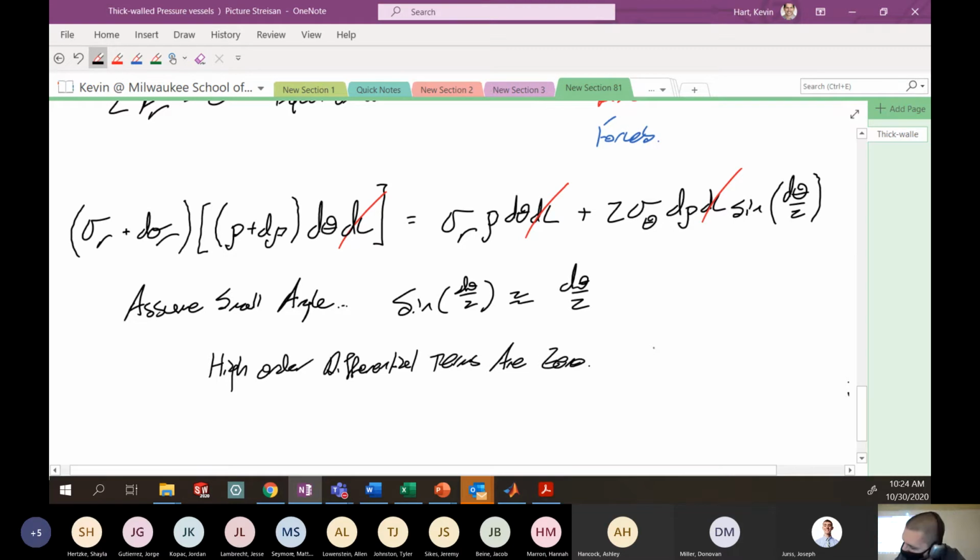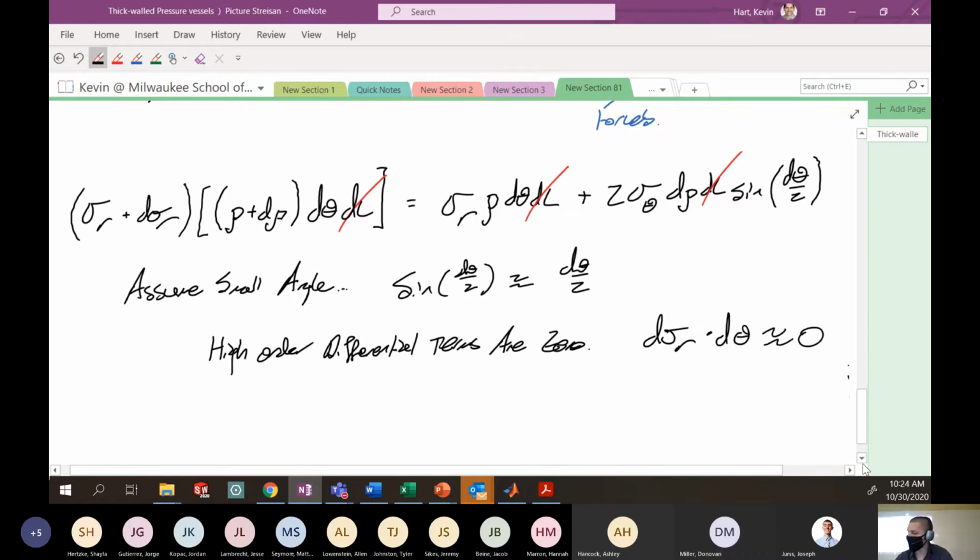What I mean by that is if I have a d sigma r times d theta, this is approximately 0. That's what we're going to go with here, because something very small multiplied by something very small is approximately 0.